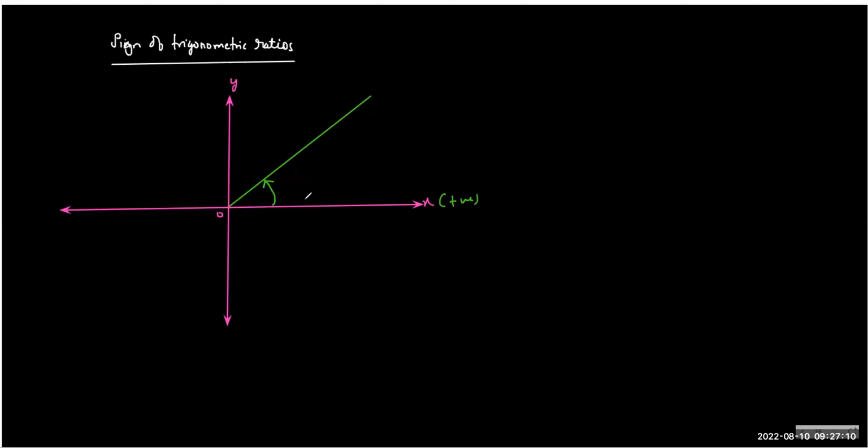The measurement goes from the axis towards the line, not vice versa. So there's a sense of rotation also. We always move anti-clockwise, and that is how we measure the angle theta. If I draw a line somewhere here, my angle measurement will be like this.